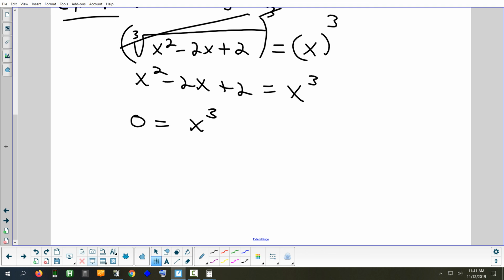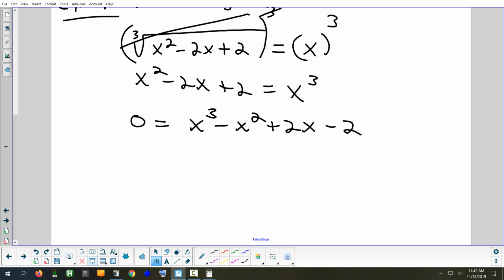Negative x squared. Plus 2x. And minus 2.